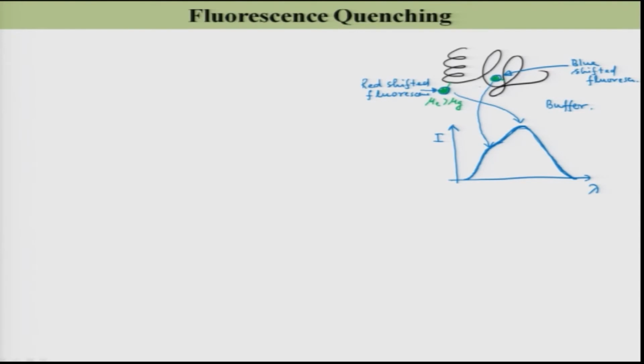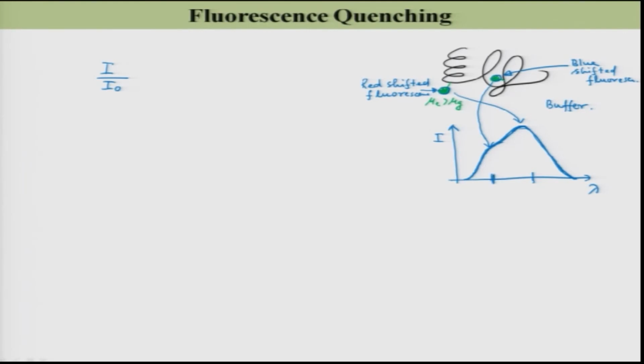That means this fluorescence intensity, this I by I0 that I have just calculated, is a function of wavelength. If I calculate at this wavelength, then this I by I0 value will be different from the value at this wavelength.